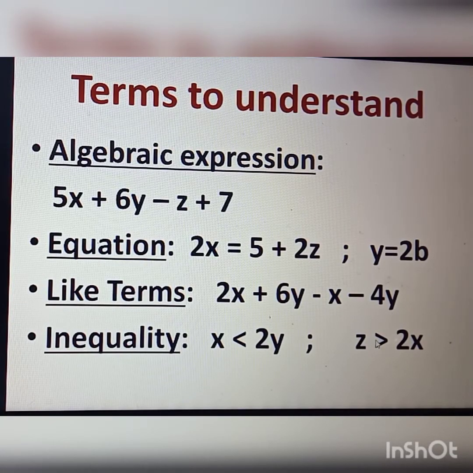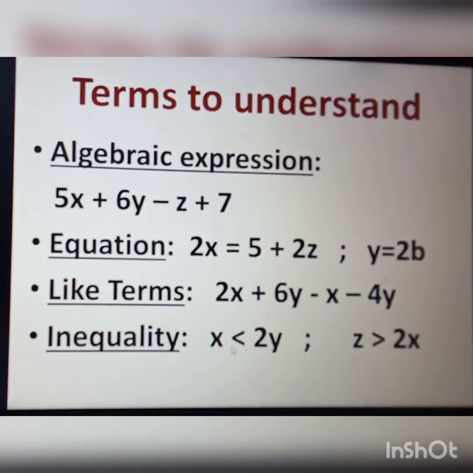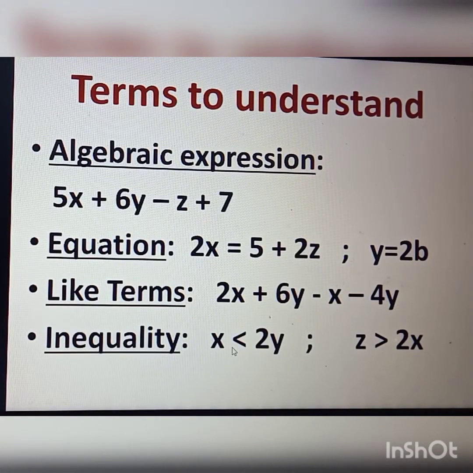And if you remember from your junior classes, you have probably done the crocodile mouth activity. The open mouth of the crocodile shows the bigger value, and the closed mouth of the crocodile shows the smaller value. That is how you are supposed to read inequalities. That is all, and let's move towards the next slide.